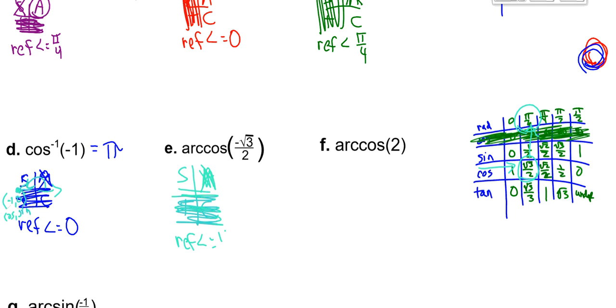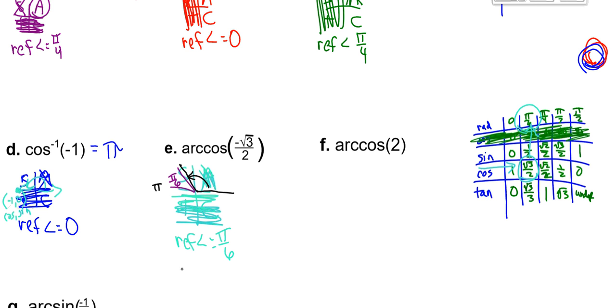Pi over 6 is the reference angle right there. But the angle that we want is this angle that's right here. And so what is that angle? That angle is pi minus pi over 6.